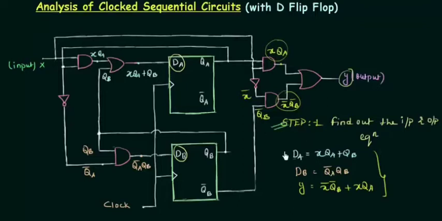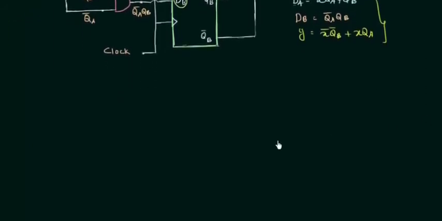The next thing is to make the state table, which is our step number 2. You already know about the state table and what the different columns involved in it are, and if you don't know, there is no problem. We are going to make one state table for these input equations and output equation.